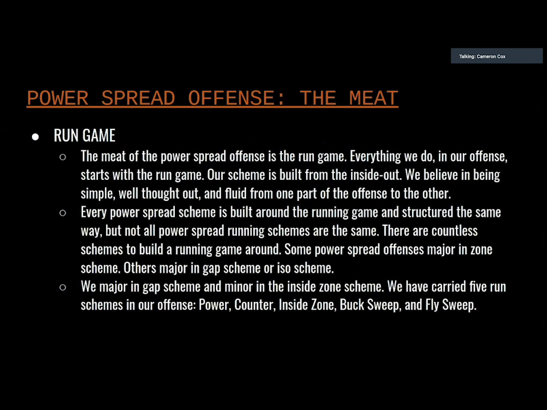Fast forward to 2013 when Nick Marshall is the quarterback and Gus Malzahn's the head coach. They're built way more around the zone scheme, the inside zone scheme, zone read, because that's what Nick Marshall was better at. You can even go as far back as when Urban Meyer was at Bowling Green or Utah or Florida, and his MO is that spread option. They were built around the option scheme.